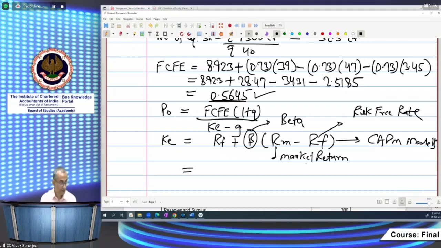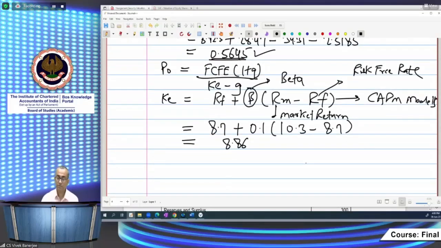RF, the risk-free rate, is given in the question. It is 8.7 plus beta. Beta is 0.1. Market return is given as 10.3 minus the risk-free rate, which is 8.7. So it is 8.86. The discount rate is 8.86.